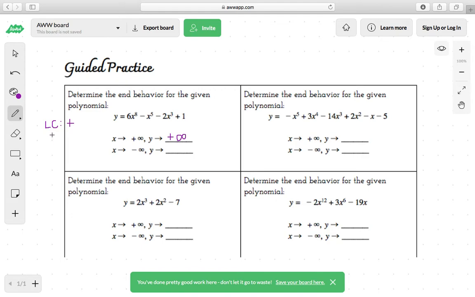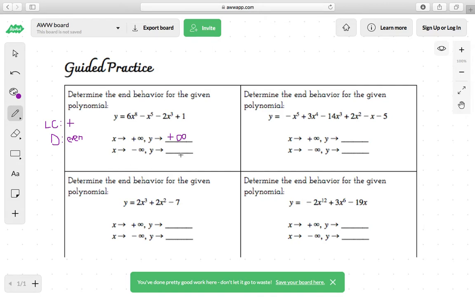The second thing I look at is my degree. And my degree can either be even or odd. And remember, our degree is the largest exponent. So my degree for this one is 8. 8 is even. Okay, so even, if we look back at the meaningful notes section, means the same.